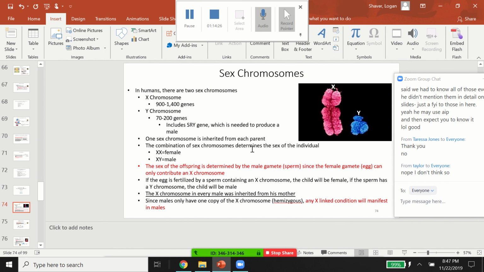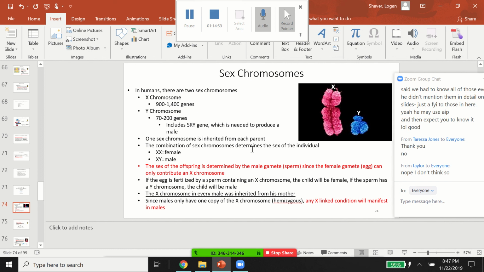So every time a male has an XY, that X comes from the mother. So if the mother has a disease on that X, so if there's something wrong with one of her X's, and she gives that X to that male offspring, he's stuck with it. There's nothing he can do. But if it's given to a female, it's no big deal because they have another X from the male, right?